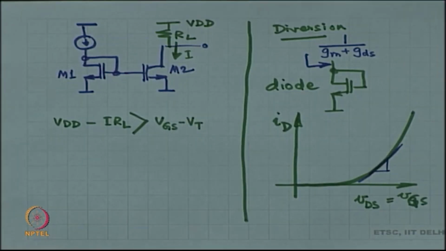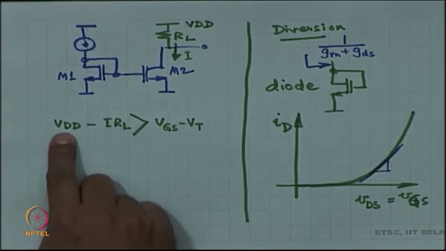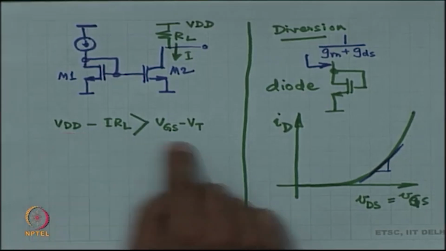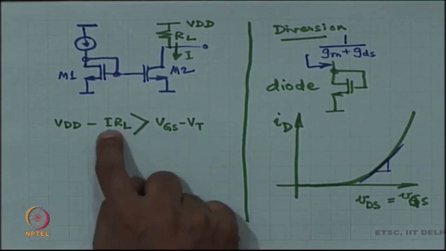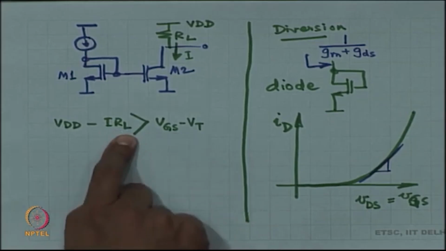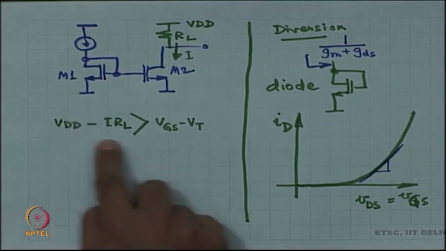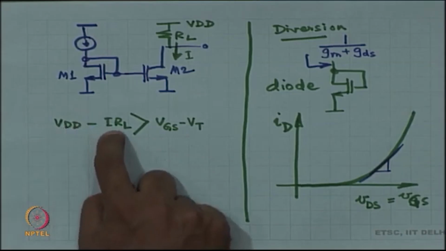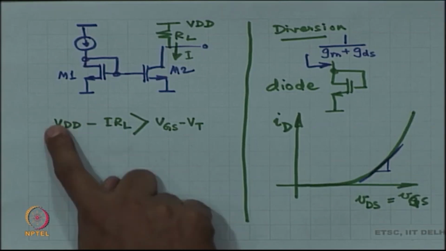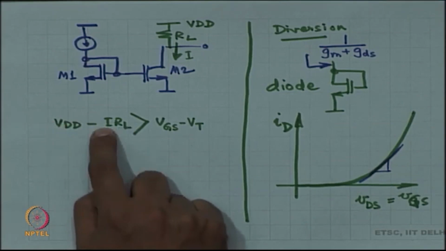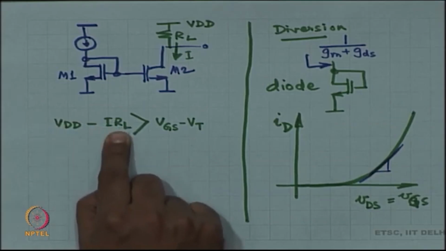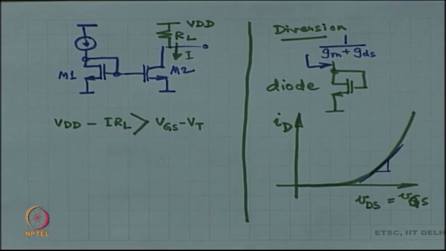Now, what this automatically means is that if VDD is large, then this range increases. I can have more RL. If VDD is fixed and RL is fixed, then I have a limited choice of the values of I. If VDD is fixed and I is fixed, then I have a limited set of values of RL for which the circuit will work as a current source.